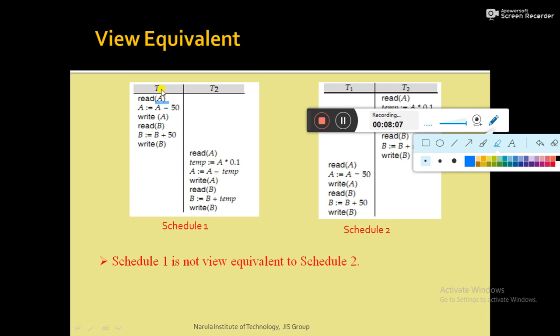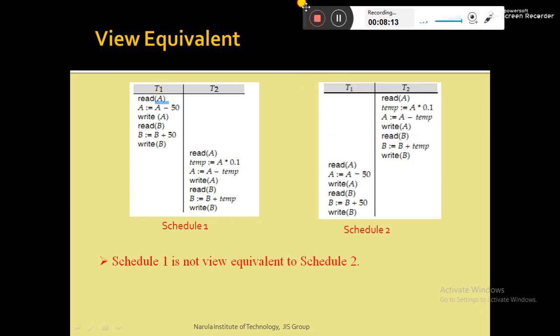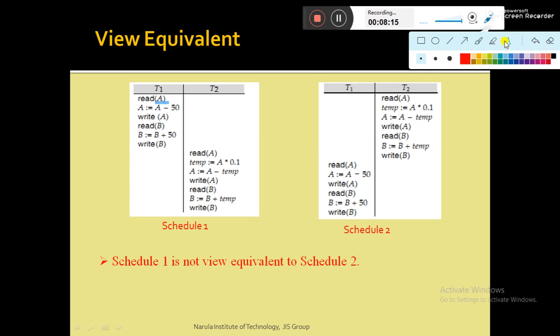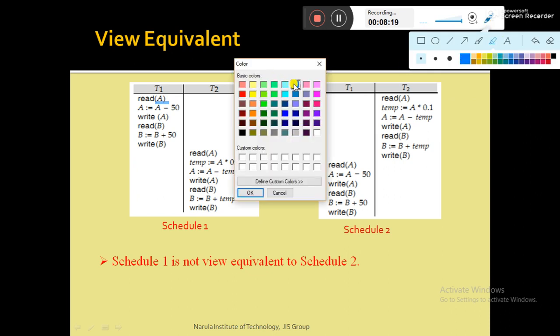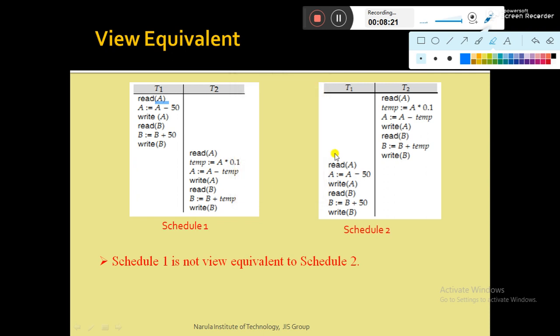Clearly visible, T1 is the transaction which reads the initial value of A. So we have to check whether in schedule 2 the initial value of A is read by T1 or not. Let's check. Here we can see that the initial value of A is read by transaction T2.